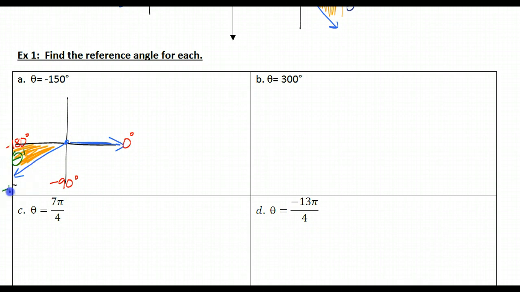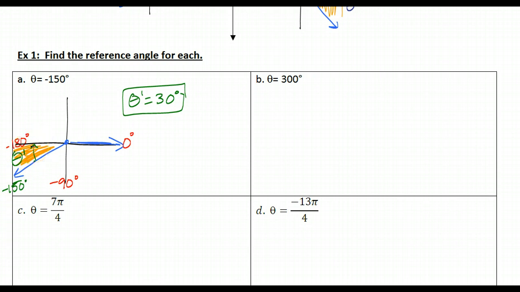I am trying to find what distance it is from here to the x-axis. What is that distance is the question. And I end up getting 30 degrees because it's 30 degrees to go from 150 to 180.